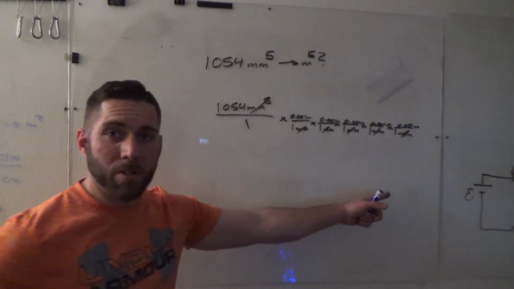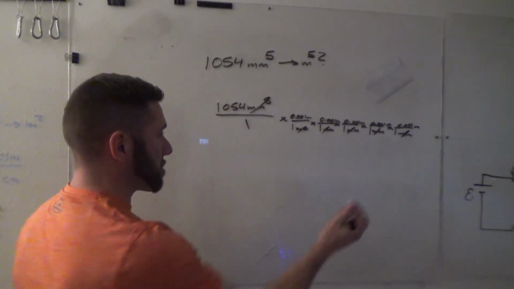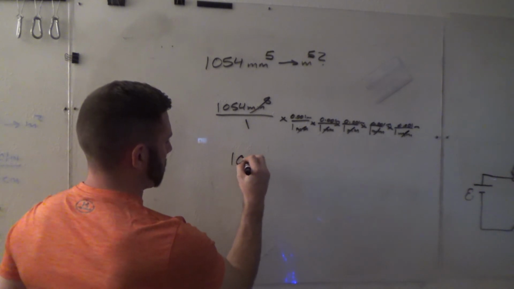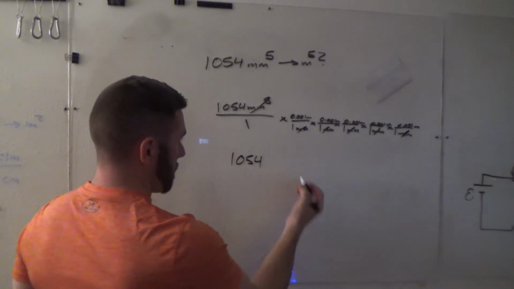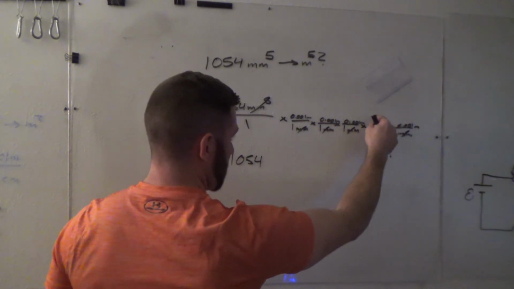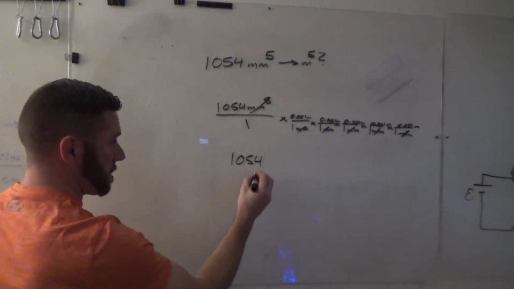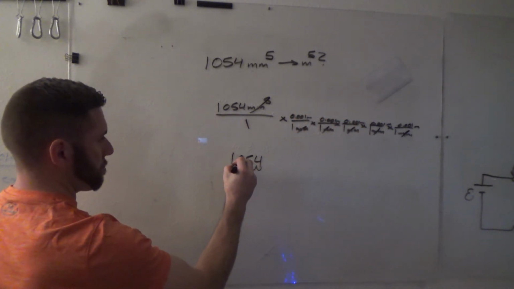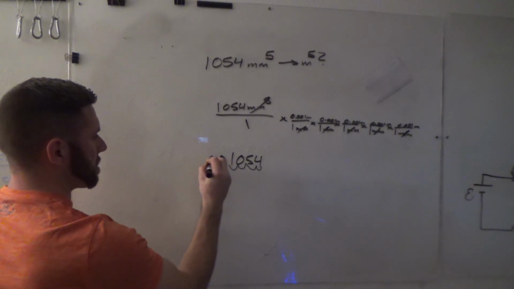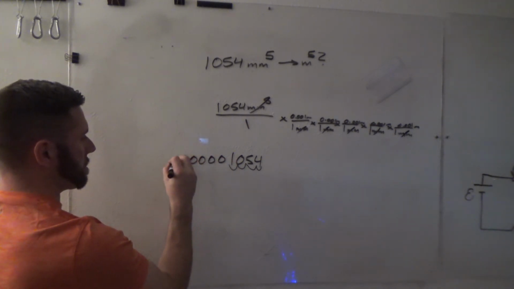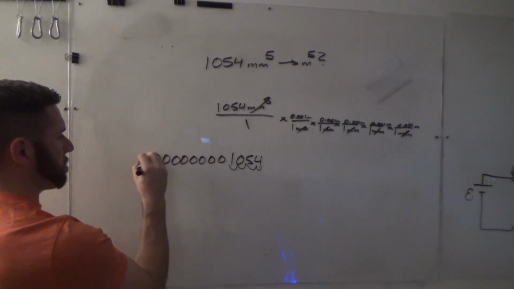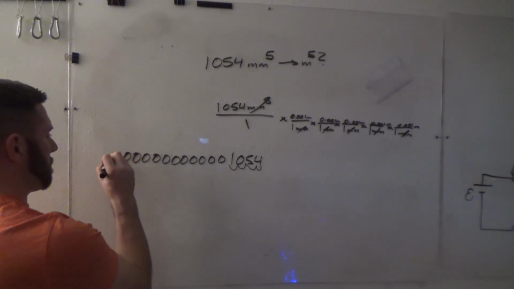Now that we have our meters, we already know that we're going to get meters to the 5th. So 1054 is going to be 3, 6, 9, 12, 15. So we go 1, 2, 3, 4, 5, 6, 7, 8, 9, 10, 11, 12, 13, 14, 15.